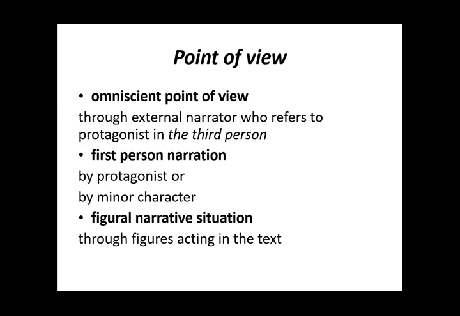So you're looking down on this character; you're outside of this character. The first person narration is direct: instead of Annie enters the room, it will say I enter the room. So you see from the eyes of the character: I entered the room, I read some comics, I fell asleep.